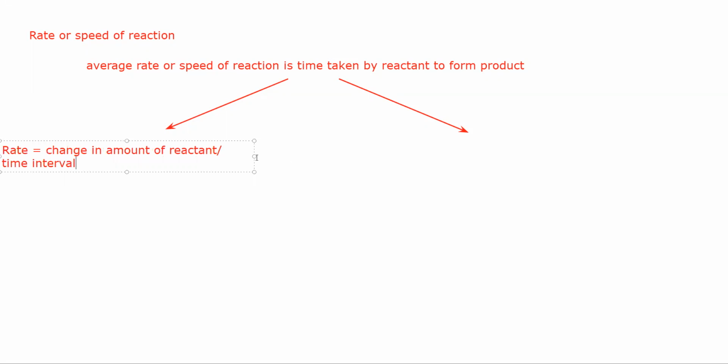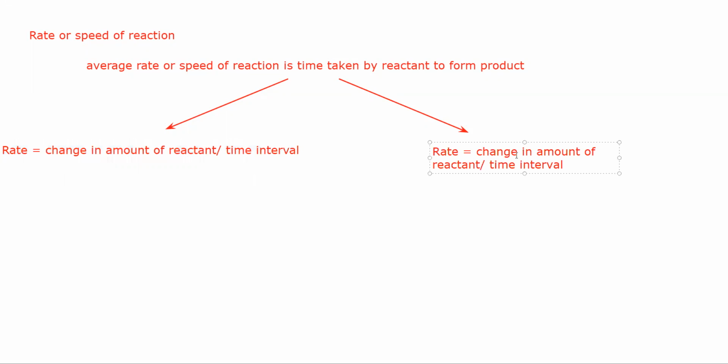Or there's another formula to calculate the rate: change in amount of product divided by time interval.